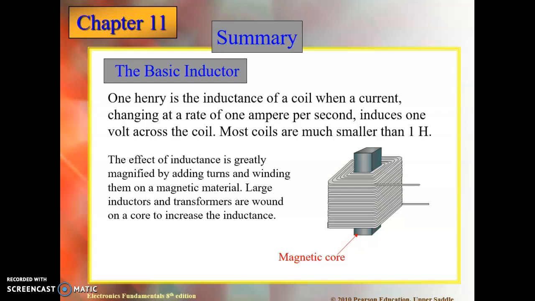So let's see, the effect of inductance is greatly magnified by adding turns and winding them on a magnetic material. Large inductors and transformers are wound on a core to increase the inductance.